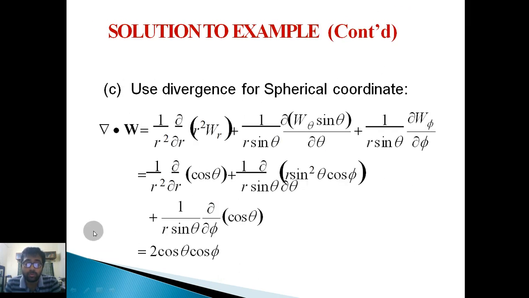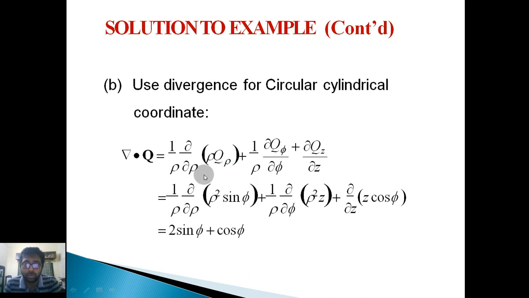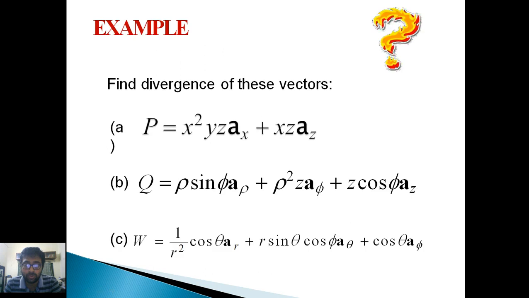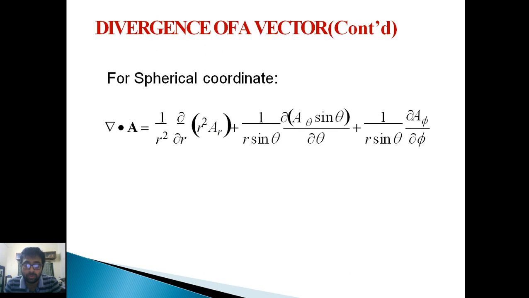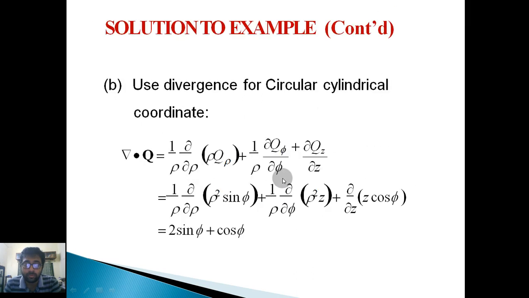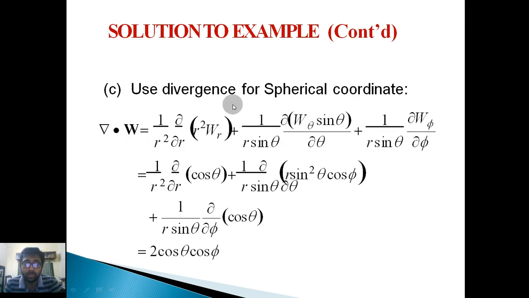So 1 by r square del by del r will operate on this. The r square will be here. The same thing, these are r sin theta, a sin theta. And it will operate on 1 by r square w r. The value of w r is cos theta.